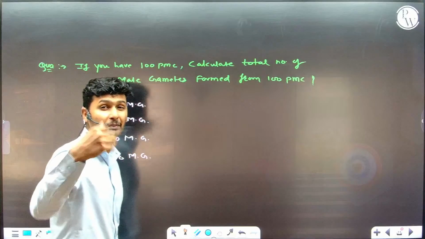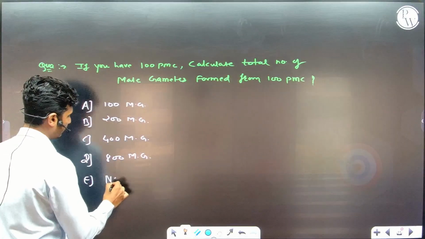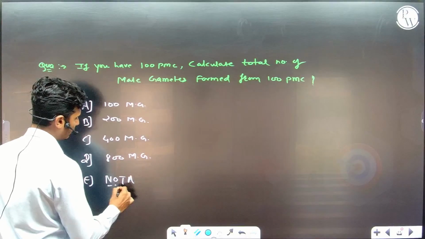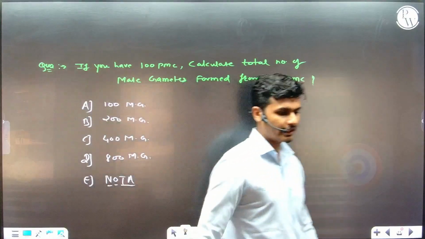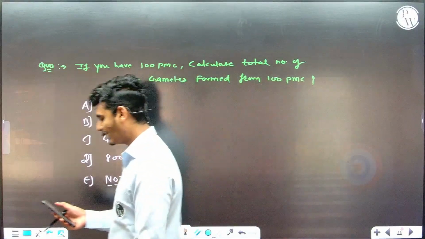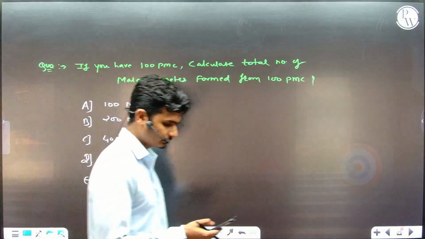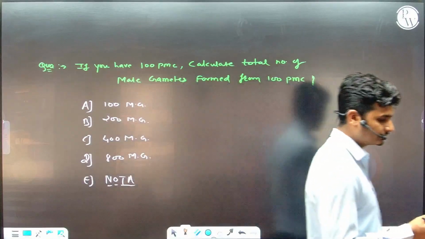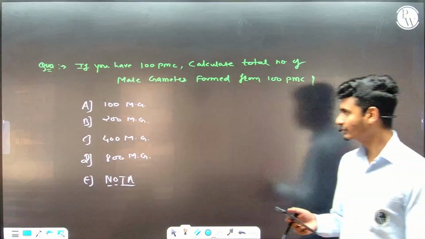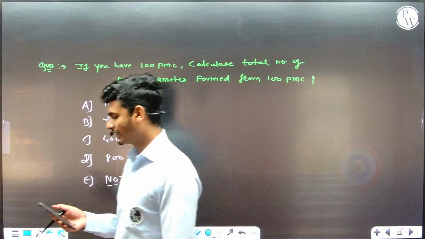I'm giving you a fifth option also, E, NOTA, that is none of the above. You have time. Try to calculate. Anyone from the chat section have the potential to calculate this answer?